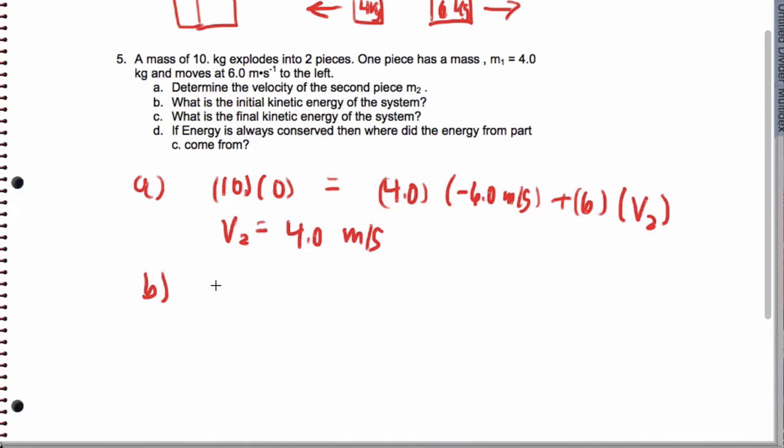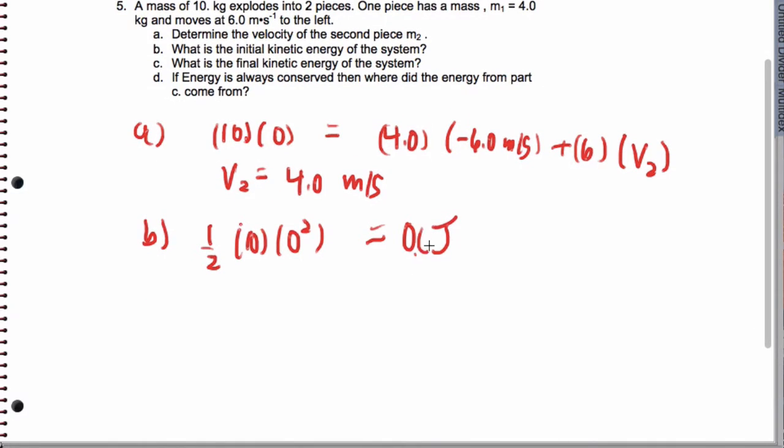Now the initial kinetic energy of the system is going to be 1/2 times 10 times its initial speed squared, which is 0 squared. So we're going to get 0 joules initially. Now the final kinetic energy is going to be given by the kinetic energy of each individual piece.